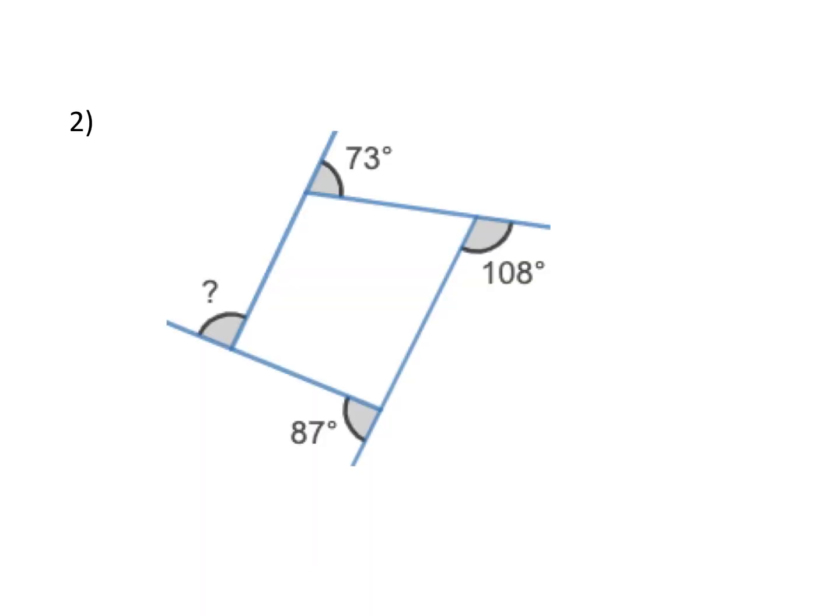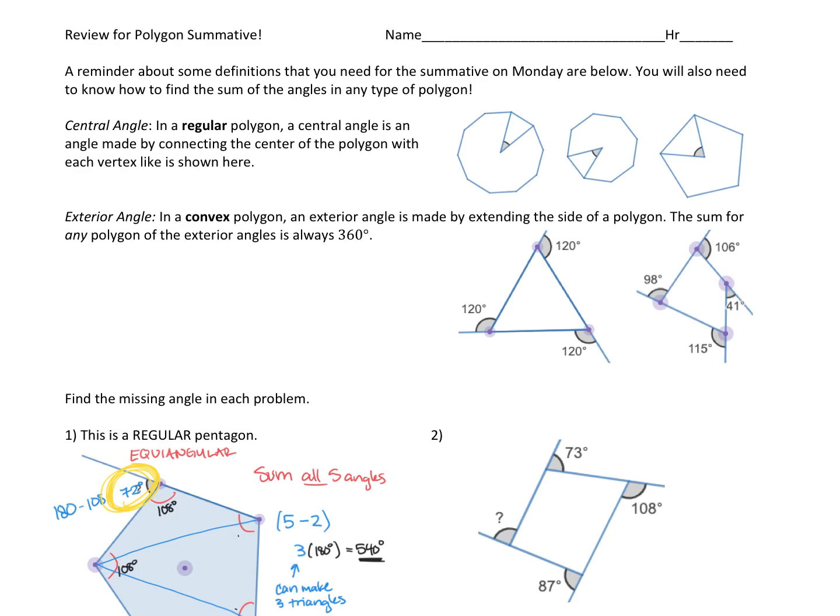For number 2, we have this quadrilateral. It's not regular. I don't know anything else about it. But what we do have is 1, 2, 3, 4 exterior angles. And if you recall, from literally up here, the sum for any polygon of the exterior angles is always 360.